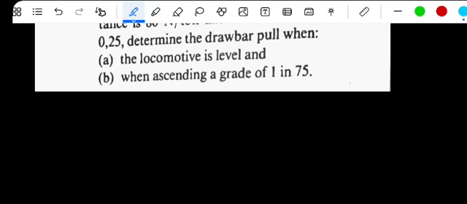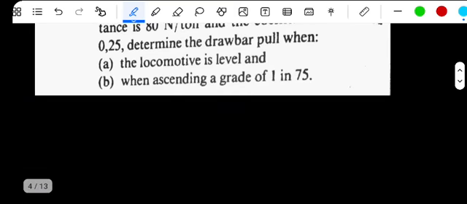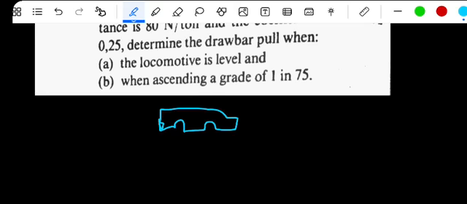Because the drawbar pull, if I have the locomotive on a horizontal surface, let me just do this. Let's say I have my locomotive there, traveling on a level surface in this direction. I will have TE.